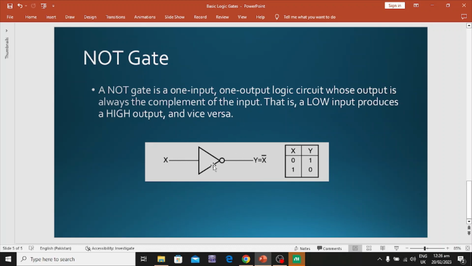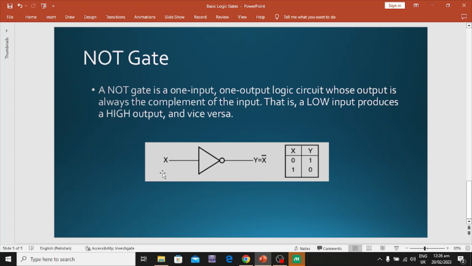That is, a low input produces a high output and vice versa. So this symbol acts as an inverter. We give some input and we get the complement of that input as output. Here our input is x and we get the output in the form of x complement. So what does x complement mean?